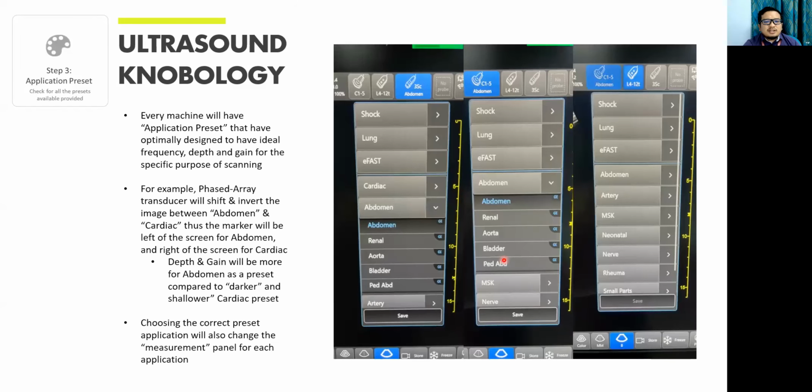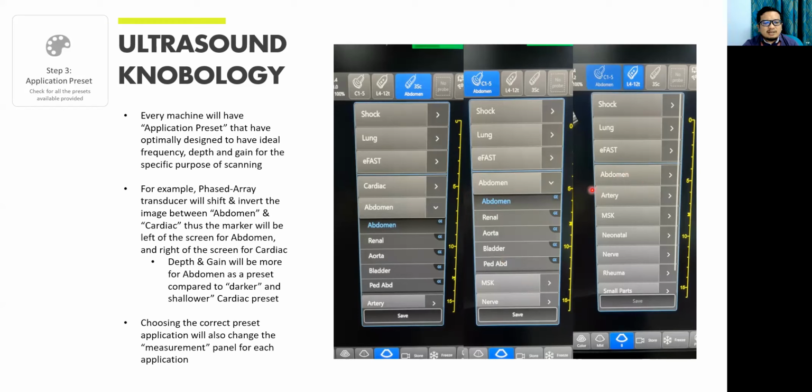Okay, the third one is application preset. Most machines will have application presets that are optimally designed to have ideal frequency, depth, and gain for the specific purpose of scanning. For example, a phased array transducer will shift and invert the image between abdomen and cardiac. Thus, if you choose abdomen, the marker will be on the left of the screen, and if you choose cardiac, the marker will be on the right of the screen.